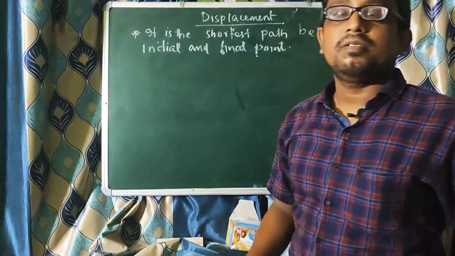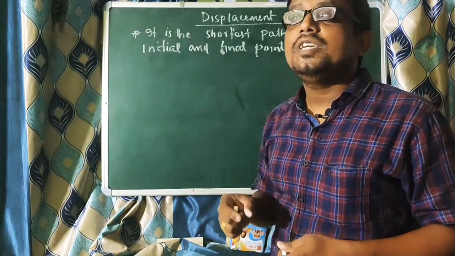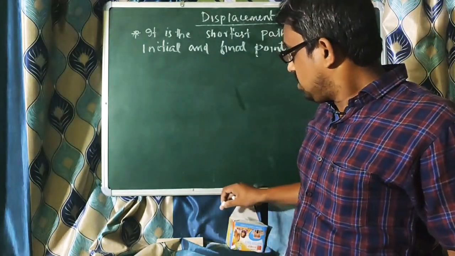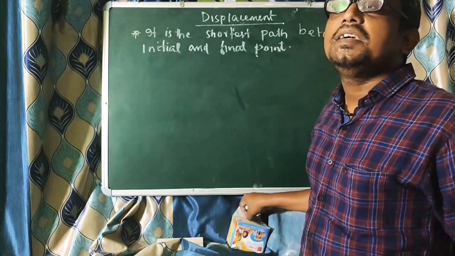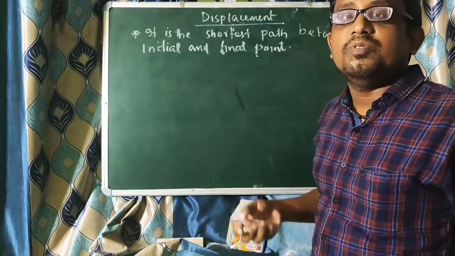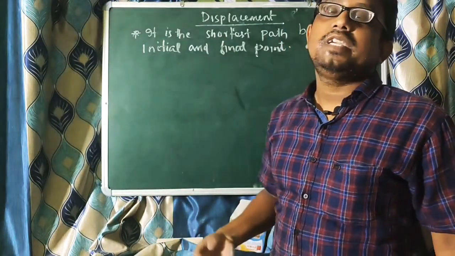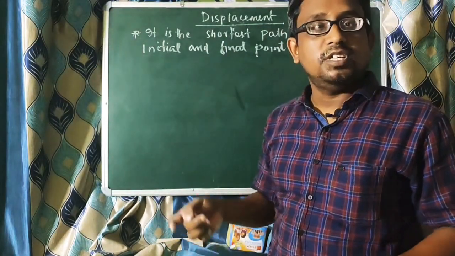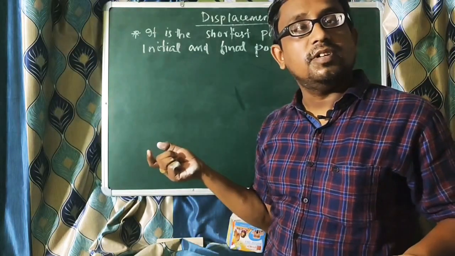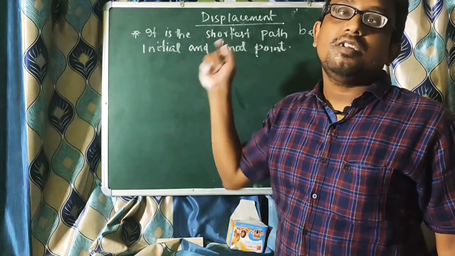That means if we take 2 points, one is the initial point, another is the final point, and we can find the shortest path. How can we find the shortest path? We can find it by joining the 2 points by a straight line. Clear? So the shortest path from the initial point to the final point will be the displacement of a body.